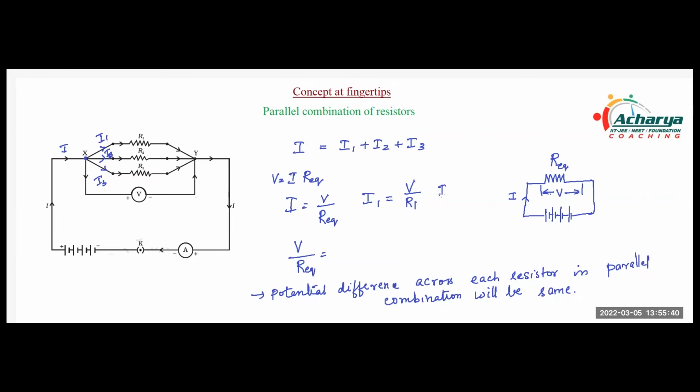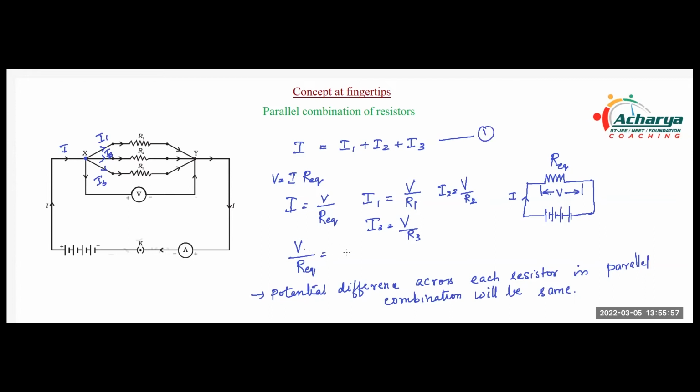In the same way, I2 is equal to V by R2, and I3 is equal to V by R3. Now we can write these values in this equation.